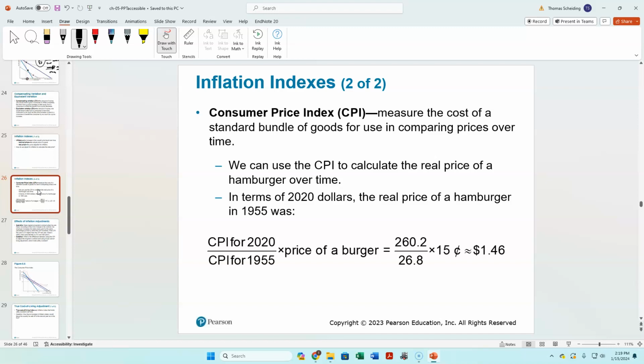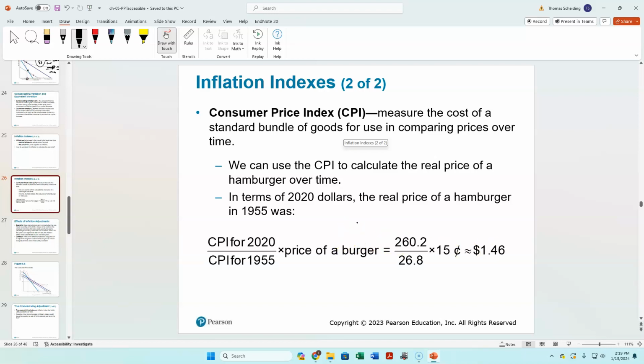And so, if I told you the CPI number for two different years, in this case for 2020 and for 1955, you could then multiply that ratio by the price of whatever that good was in 1955 to find out what the equivalent good would cost, in this case, in 2020. So, when would this math become useful?